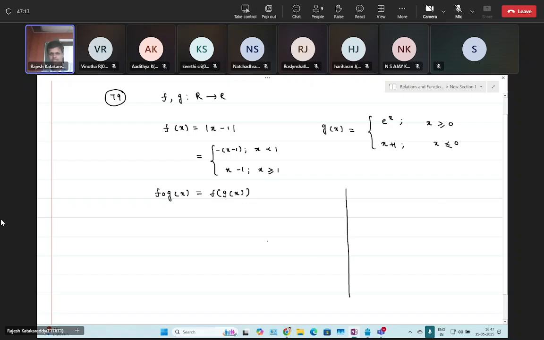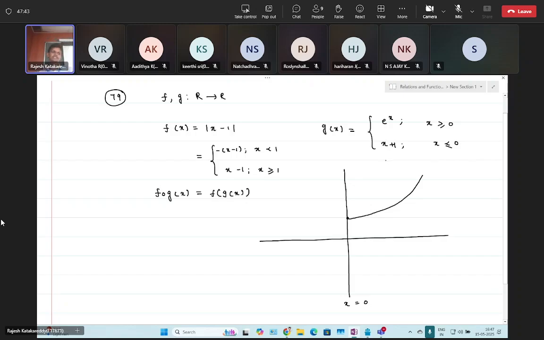Now drawing g of x. We can see that g of x is e to the power x when x is greater than or equal to 0. e to the power 0 is 1. Starting from this, it is an increasing function. It increases in this way and reaches infinity. Clear? Now, when x is less than 0, g of x is a straight line, x plus 1.